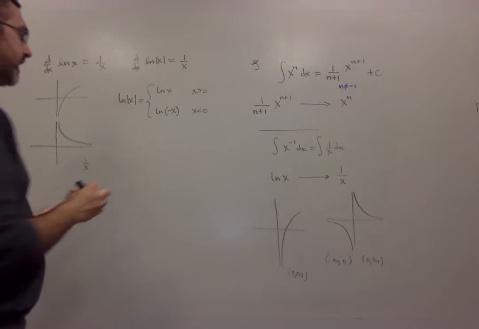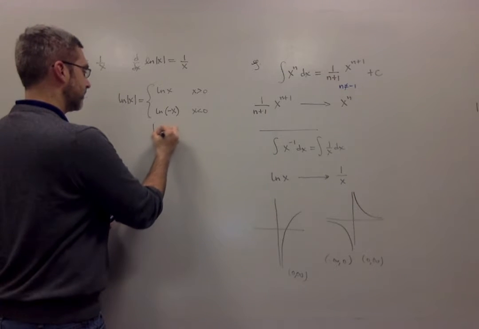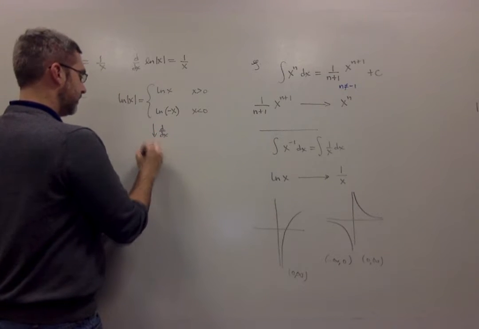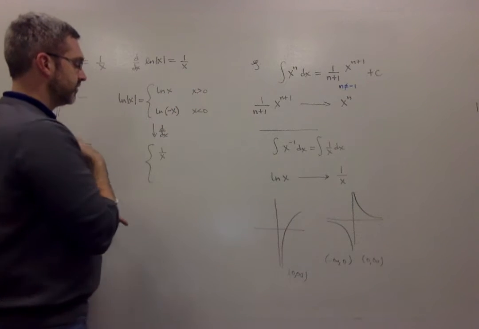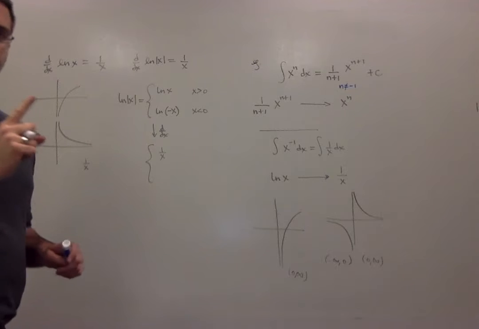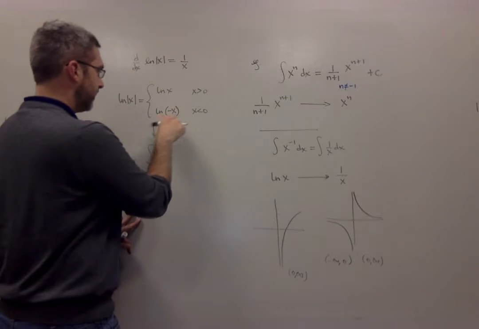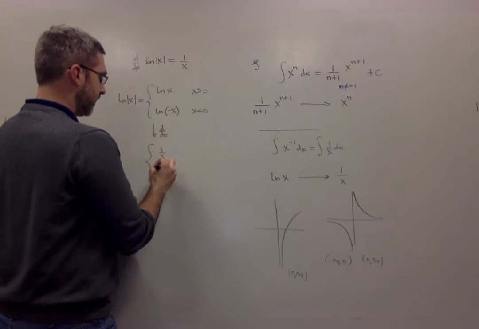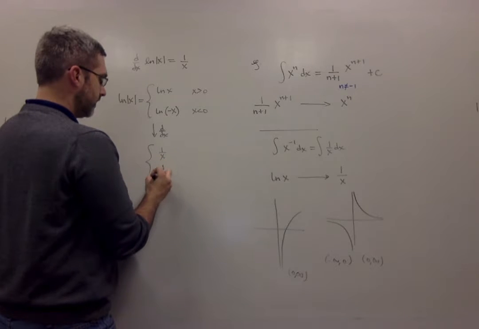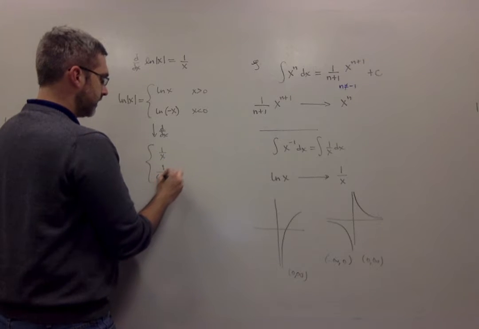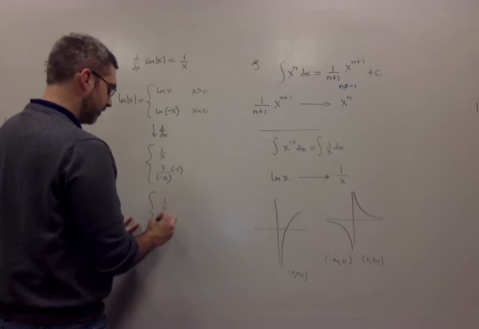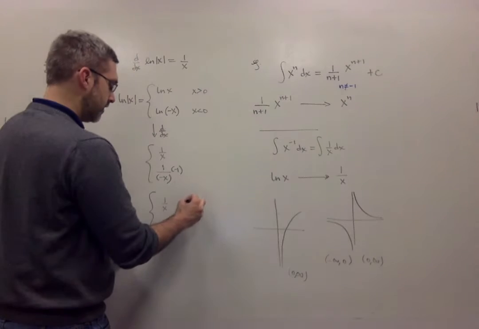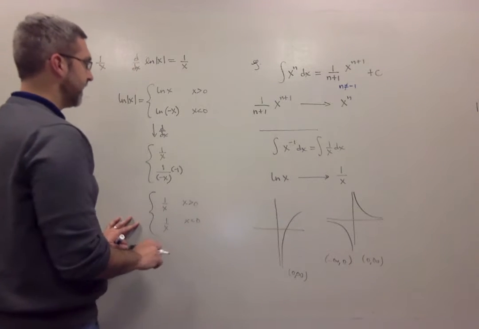Now what happens when I differentiate is that the first part, the derivative of natural log when x is positive, is just 1 over x. But on the second part I have to use the chain rule: derivative of the outer, plug in the inner, times the derivative of the inner. And those negatives cancel, and I get 1 over x in both cases, whether x is positive or whether x is negative.